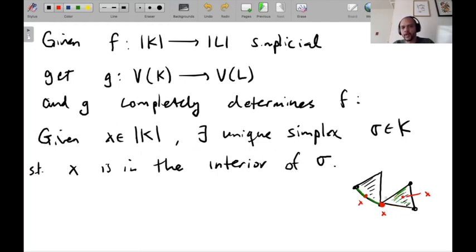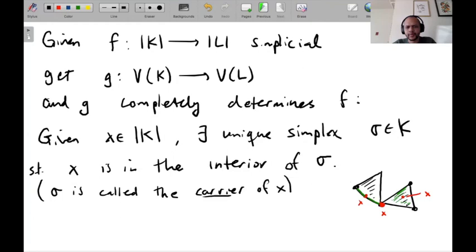But it's only in the interior of one simplex. And if you take x to be this vertex, then sigma is also this vertex. So sigma is called the carrier of x.